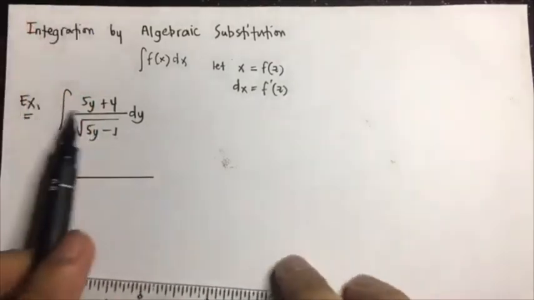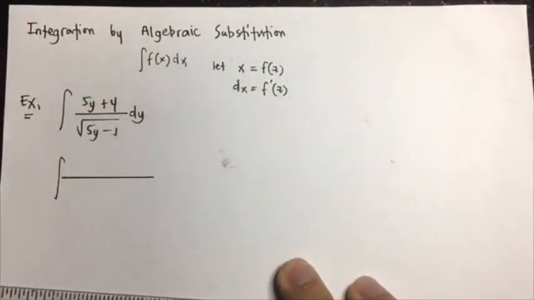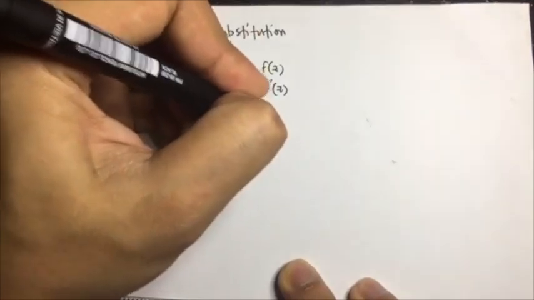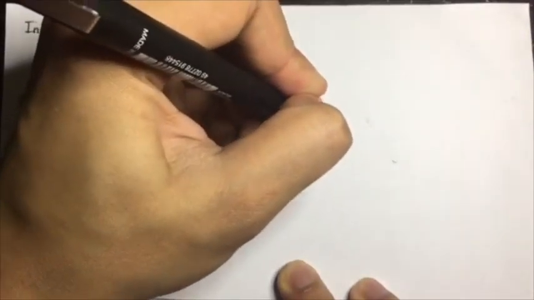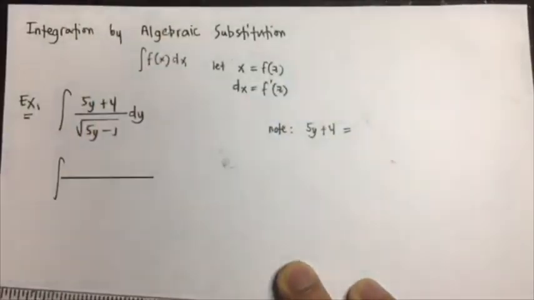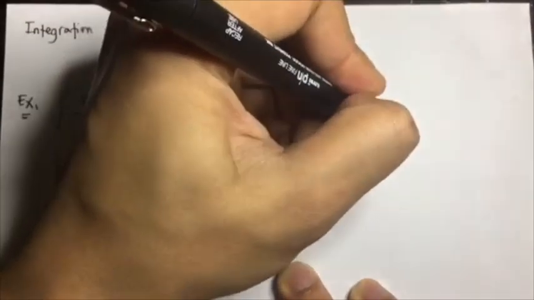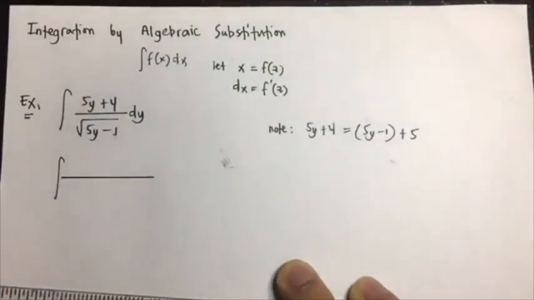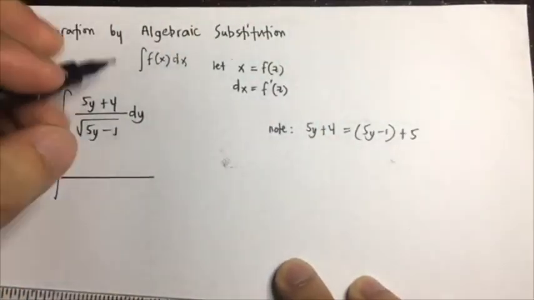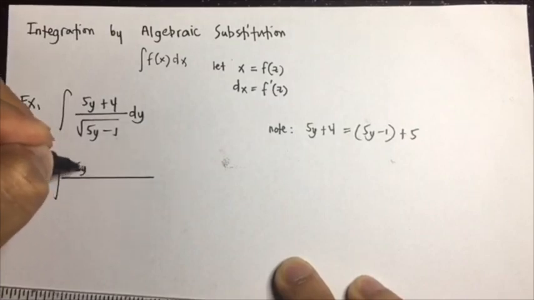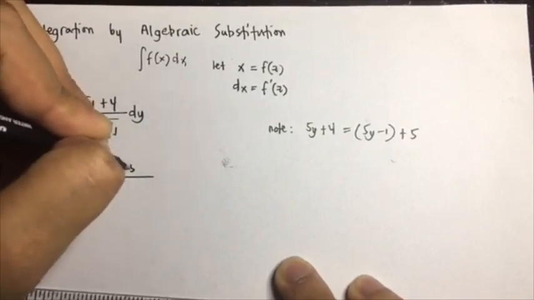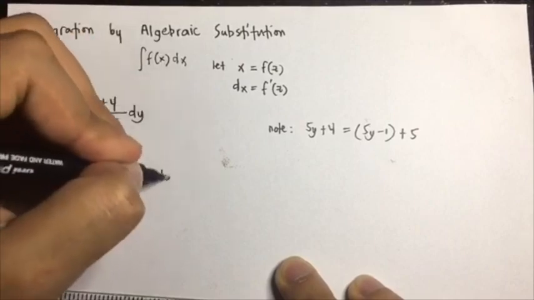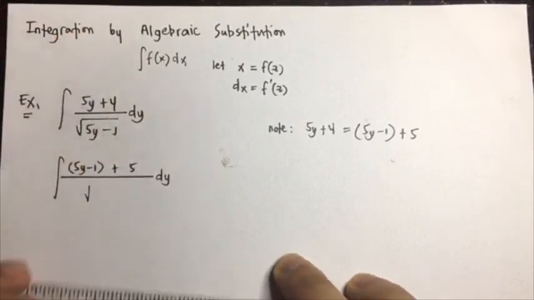Note that 5y plus 4 is also equal to 5y minus 1 plus 5, so we can express that as 5y minus 1 plus 5, dy over square root of 5y minus 1.